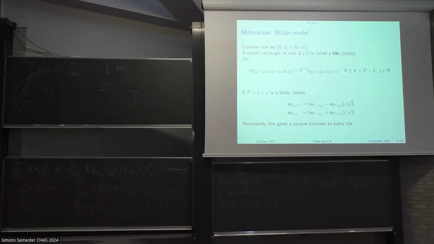So the function can have compact support both in space and time. So now the physical space is the interval 0, 1, and this other interval 0, infinity is parameterized into frequencies. And then for a dyadic rectangle in this set, if the area is 1, we call it a type, and if the area is 2, we call it phi type.